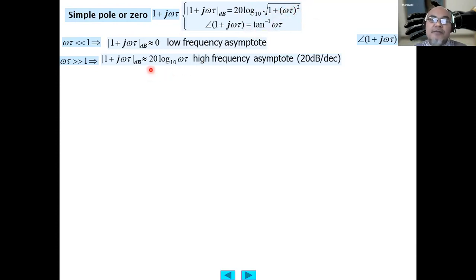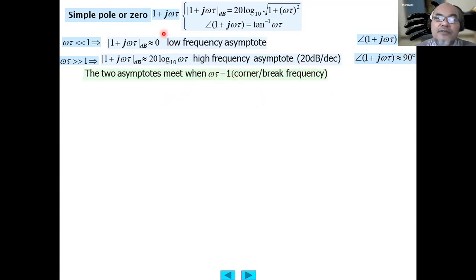So this becomes the high frequency asymptote with a gradient of 20 decibel per decade. The phase angle will be 90 degrees, because omega tau is very large, approaching infinity, and the arctangent of infinity is 90 degrees.